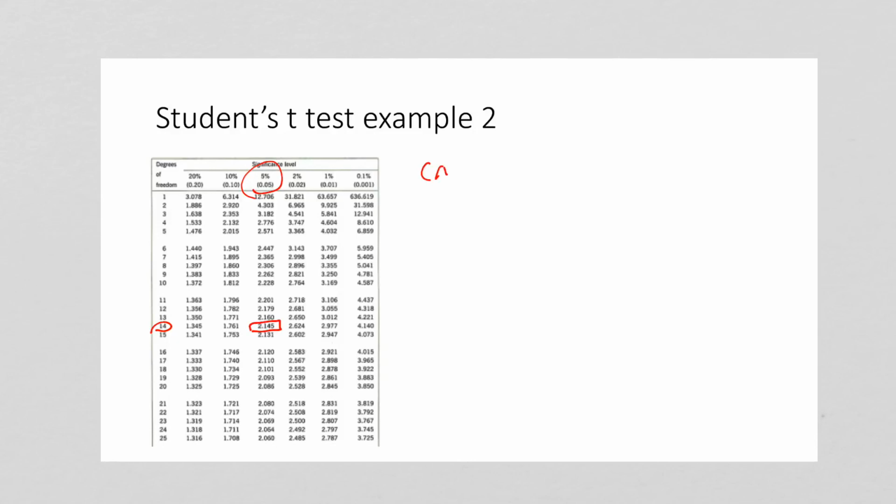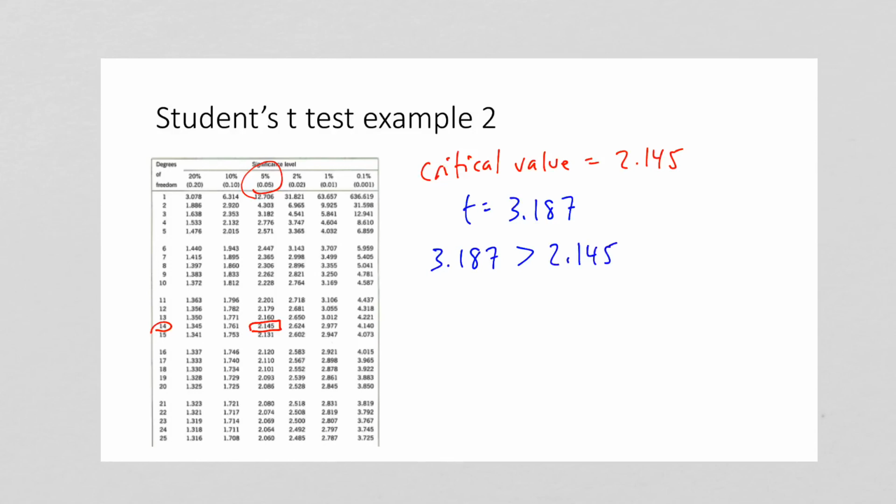So the critical value is 2.145. Our t-test value was 3.187. 3.187 is bigger than 2.145. So we are going to reject the null hypothesis.